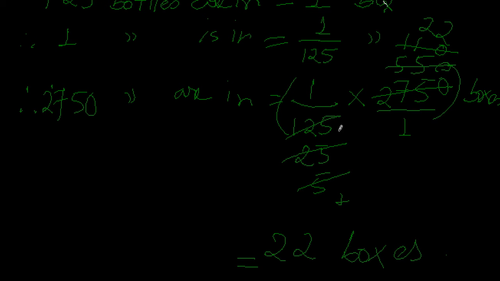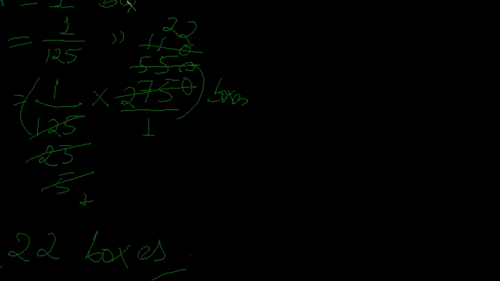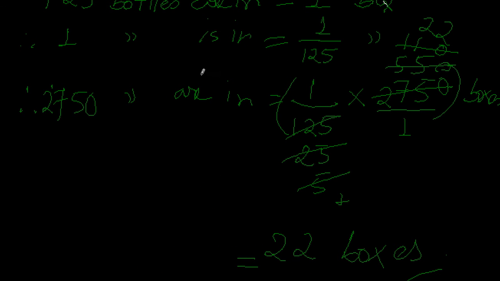What I did, I just cancelled the numerator and denominator with the same number with which they are divisible, and we came to the answer, which is 22. So this is the number of boxes. This is 22 boxes are required for 2750 bottles to fill up.